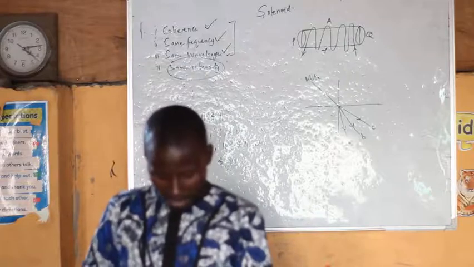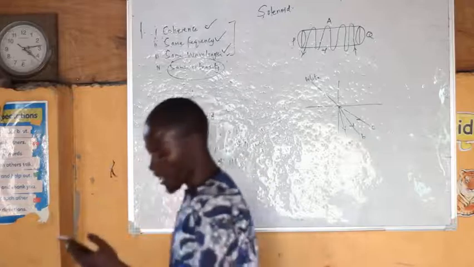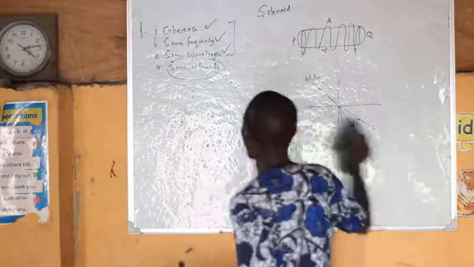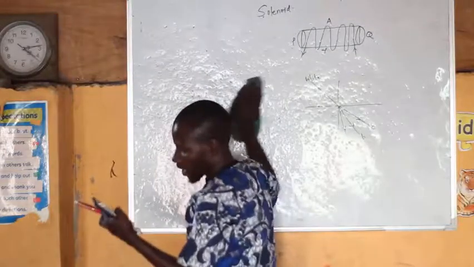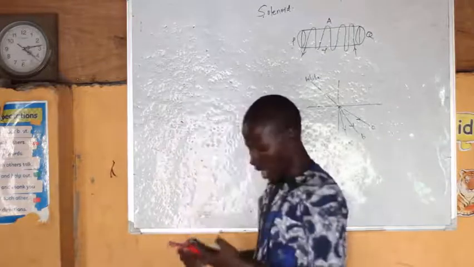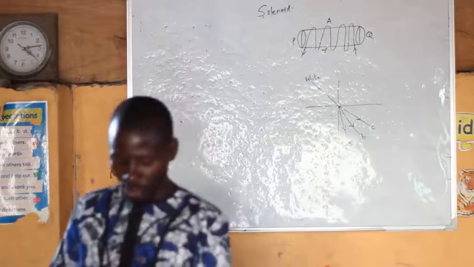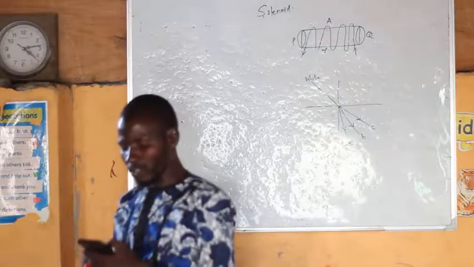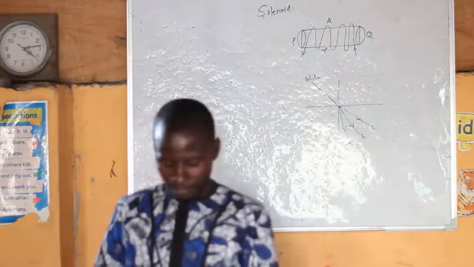Number 2 says that a conductor of length 2 meters carries a current of 0.8 ampere while kept in a magnetic field of magnetic flux density of 0.5 Tesla.